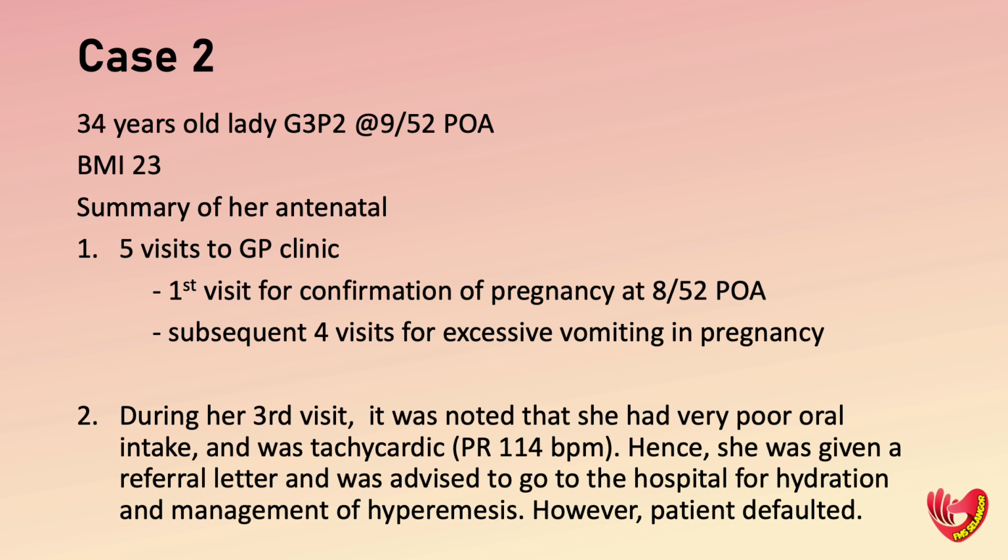During her third visit, it was noted that she had very poor oral intake and was tachycardic with pulse rate of 114 beats per minute. Hence, she was given a referral letter and was advised to go to the hospital for hydration and management of hyperemesis. However, patient defaulted and did not go to the hospital.